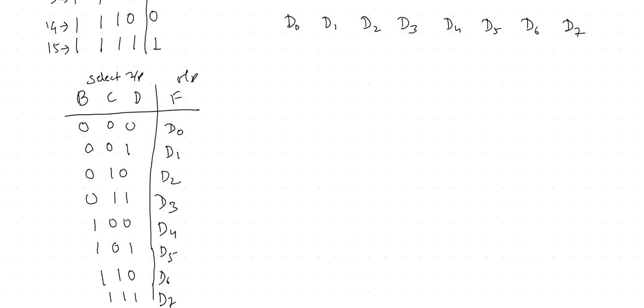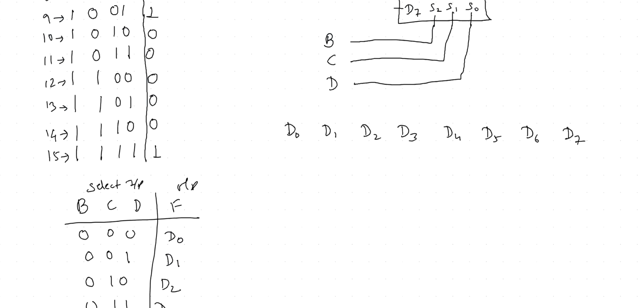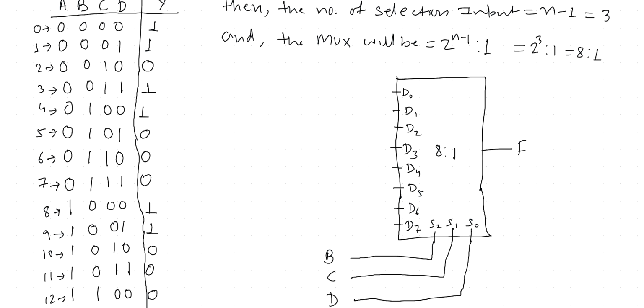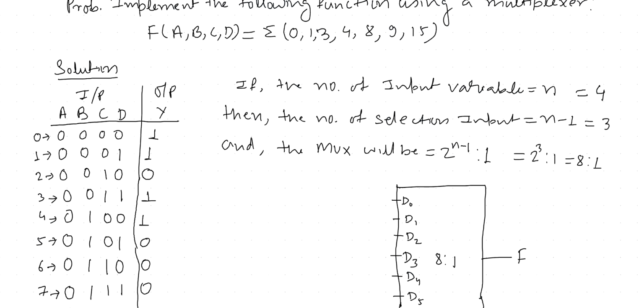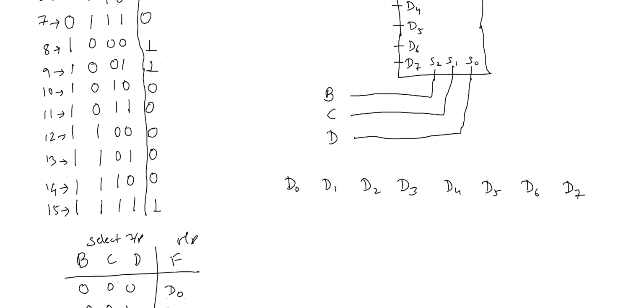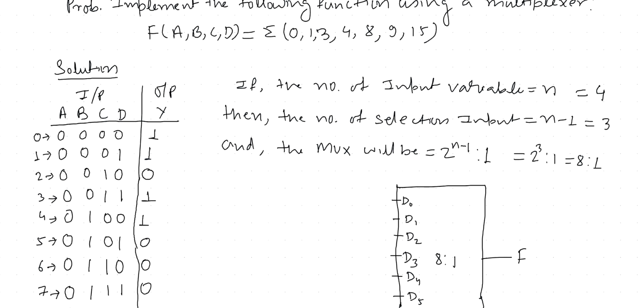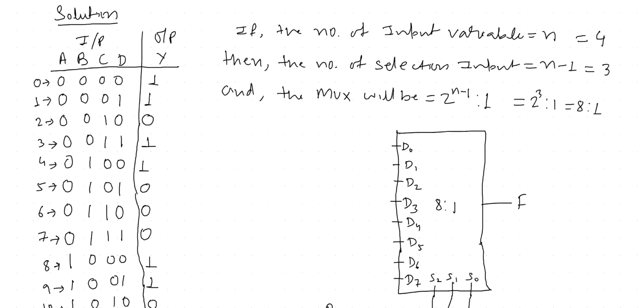Now, when you select it, after that, the process is what? Here 4 inputs are there, A, B, C, D. So 0 to 15 combinations will be taken here. 0 to 15 positions are there. In this 0 to 15 position, from 0 to 7, your A value will be 0, that is A bar.